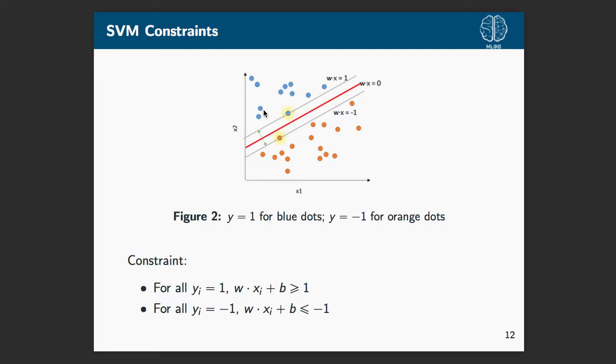But let's say that we're allowing our soft margin SVM to misclassify this point, right? That means the margin would actually be placed at the next closest point, which is probably that one. So in that case, this would be wx equals 1, and this would be wx equal to some term greater than 0 but less than 1. So we're giving that freedom by putting it into the constraint.